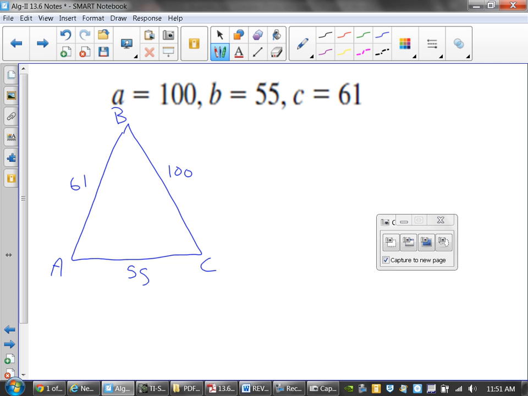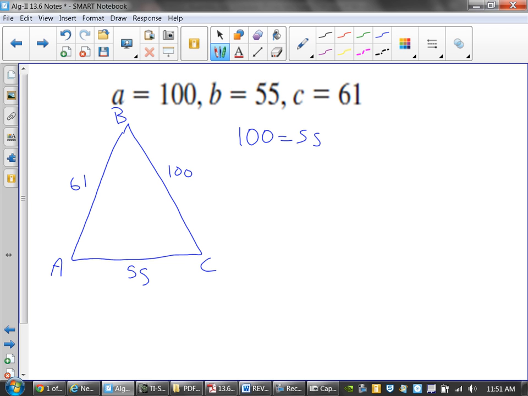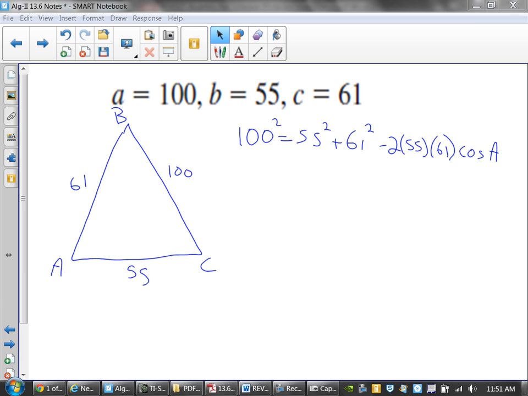A. All right, I'm going to use A again to start with. So I know that a squared is 55 squared plus 61 squared minus 2 times 55 times 61 cosine of A. Now let me walk you through how I do this on the calculator.